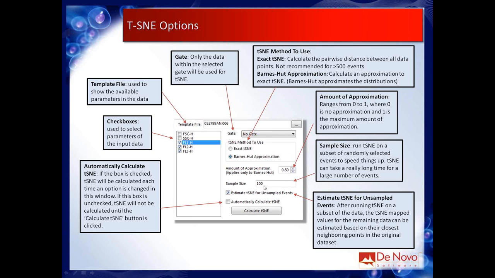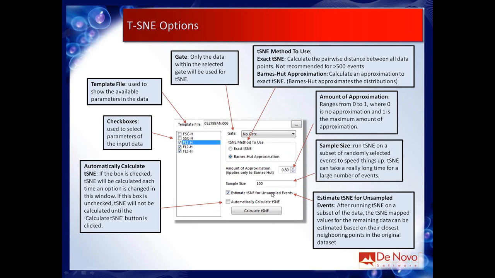Now there's a sample size, and this is important because this algorithm is very time-consuming and memory-consuming. I'll show you a little chart of running time, so you can help make the decision on how big you want your sample size to be. What we do is randomly sample some of the data, run tSNE on that, and then optionally you can estimate tSNE for the unsampled events.